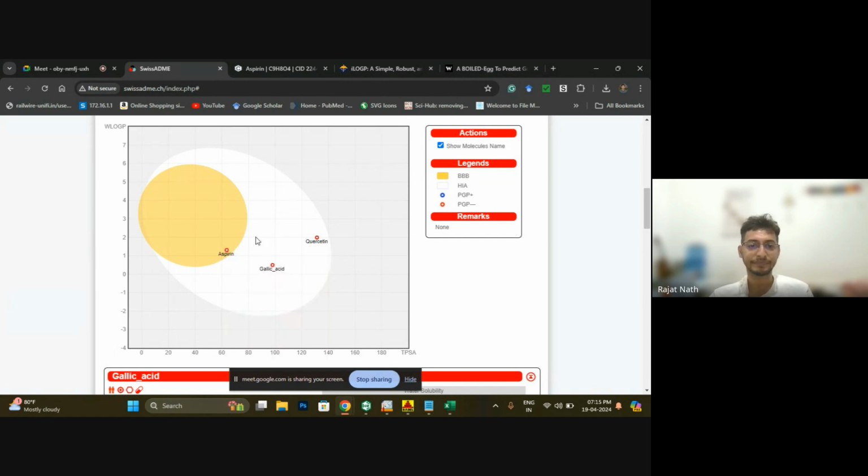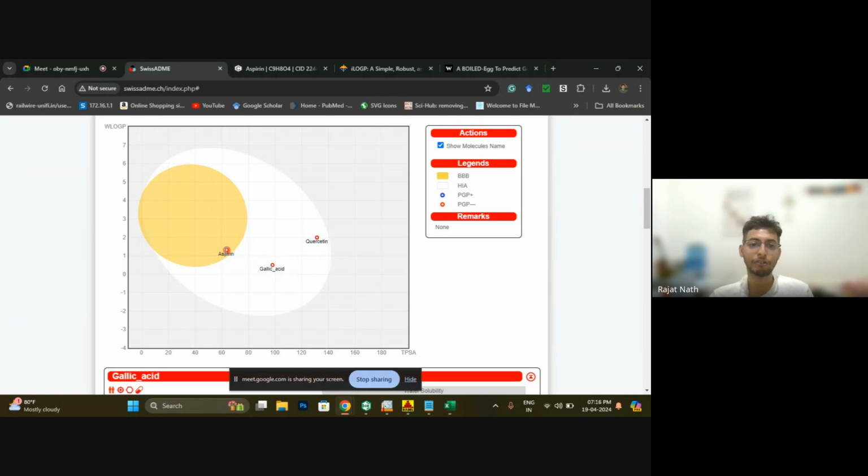Then came the aspirin. In the case of aspirin, it is again showing PGP negative. That means aspirin can't be effluxed out from the blood-brain barrier. So if aspirin is used for a disease not related to neuro, then it will go to the central nervous system and interact with it, because it can't be effluxed out from the blood-brain barrier.